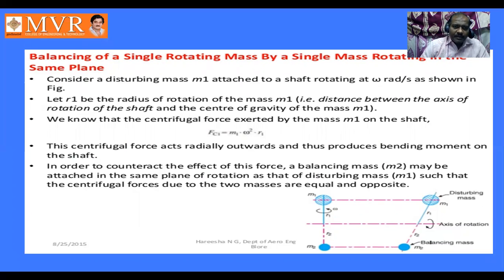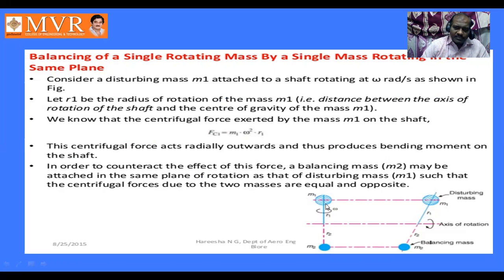Let r1 be the radius of rotation of the mass m1. r1 means the distance from the axis of rotation of the shaft to the center of gravity of the mass m1. That means if this is the center of the m1 mass, from here the distance is called r1.